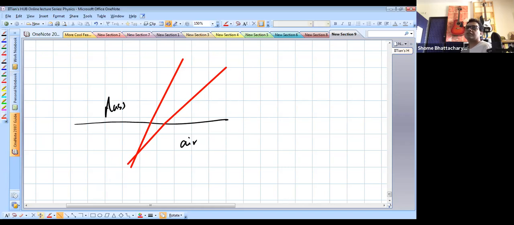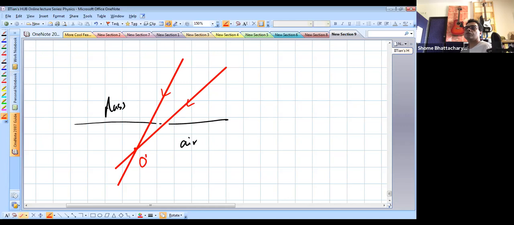These are the incident rays, intersecting at a point which is actually like this.